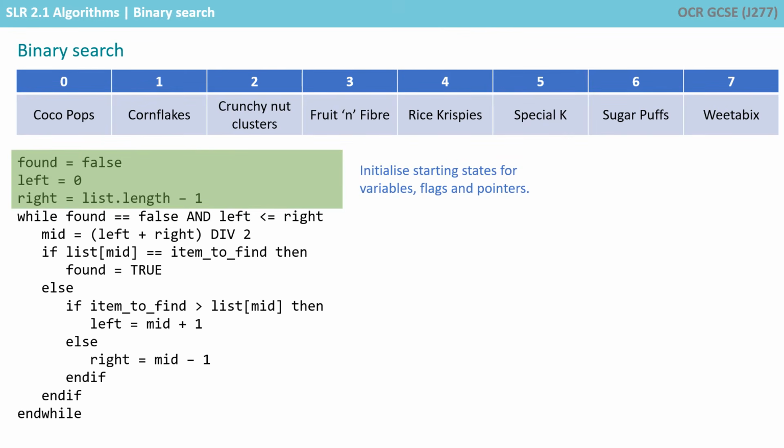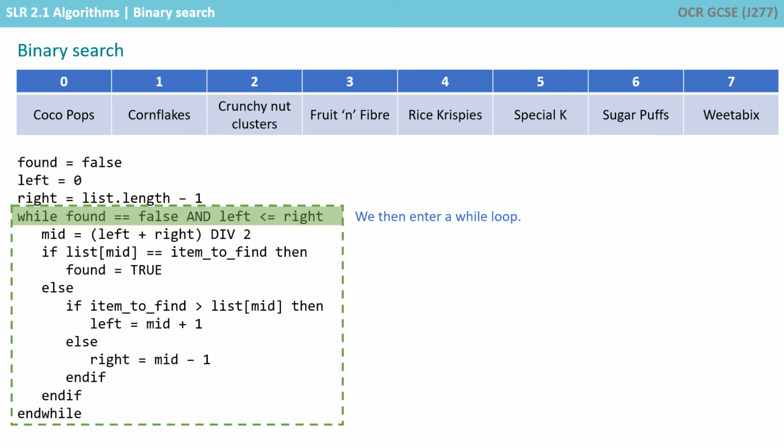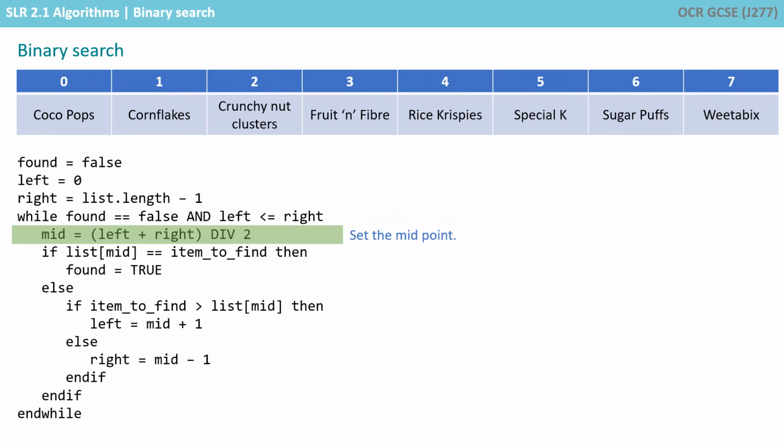So we start by initializing some states for our variables, flags and pointers. We're going to set found to false, our left pointer to 0 and our right pointer to the length of the list minus 1. We're going to enter a while loop, and we're going to say while the found Boolean flag is false and the left pointer is less than or equal to the right pointer, then calculate a midpoint.